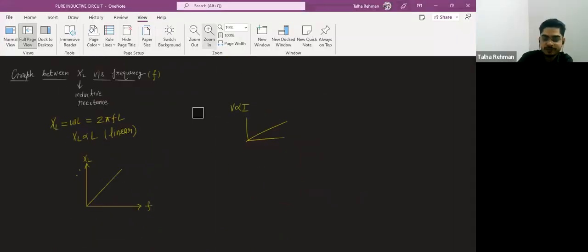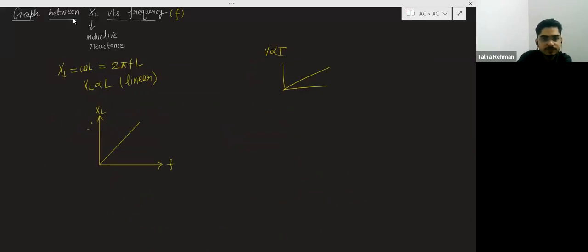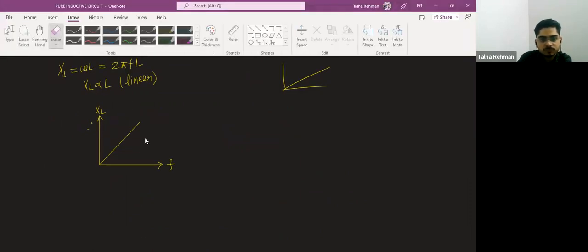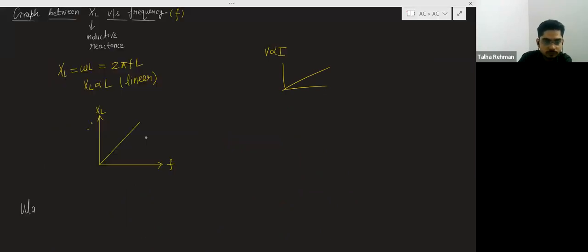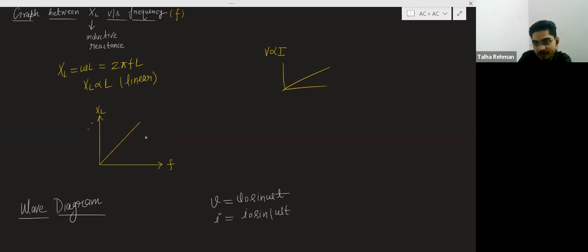So how will you draw the wave diagram? For the wave diagram, we should have the equation of the current and the equation of the voltage. The voltage is V equal to V naught sine omega t. The current is I equal to I naught sine omega t minus 90 degrees, or minus pi by 2.